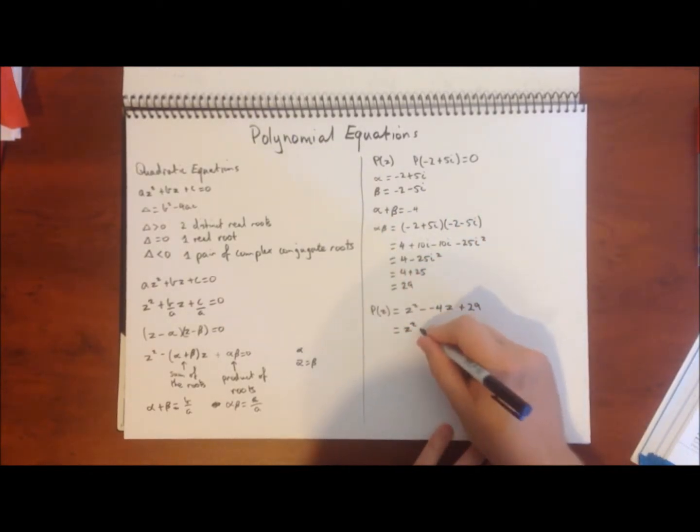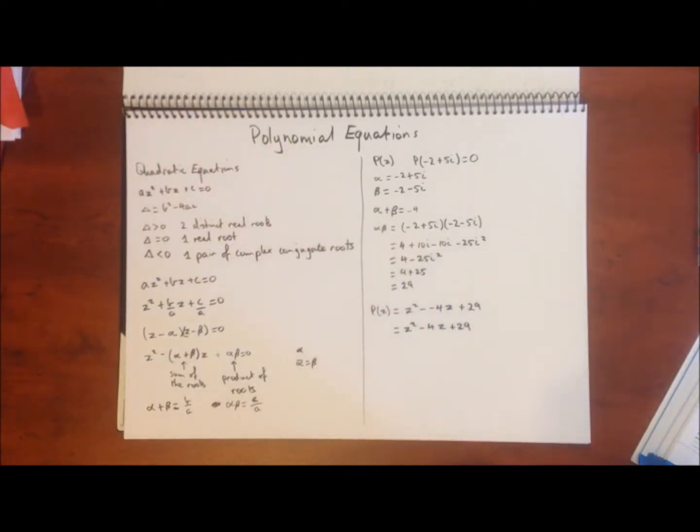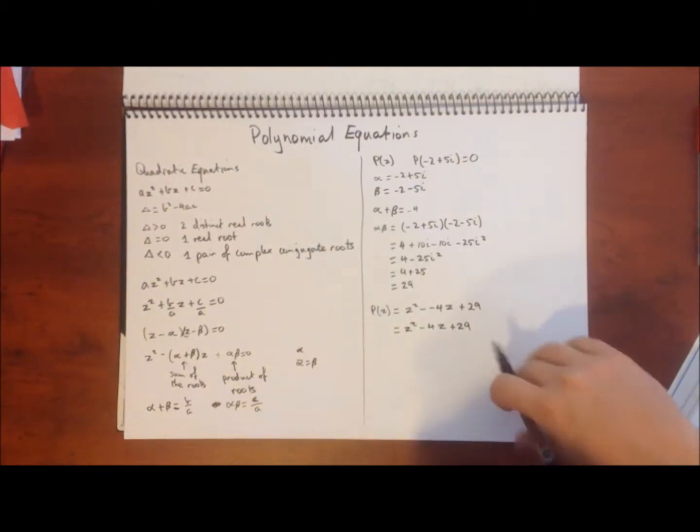So all up we have z squared take 4z plus 29. We start off with just knowing a single root, and from there we're able to find what the quadratic needs to be. Okay, so we'll flick over. Now we'll look at solving cubic equations.